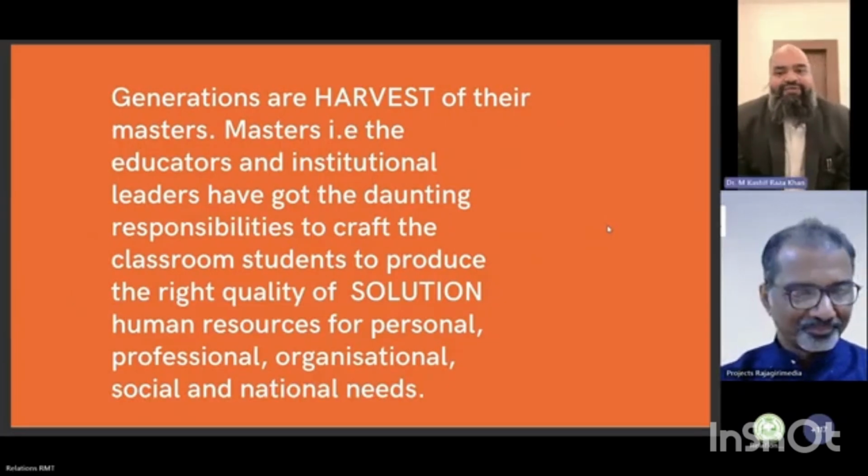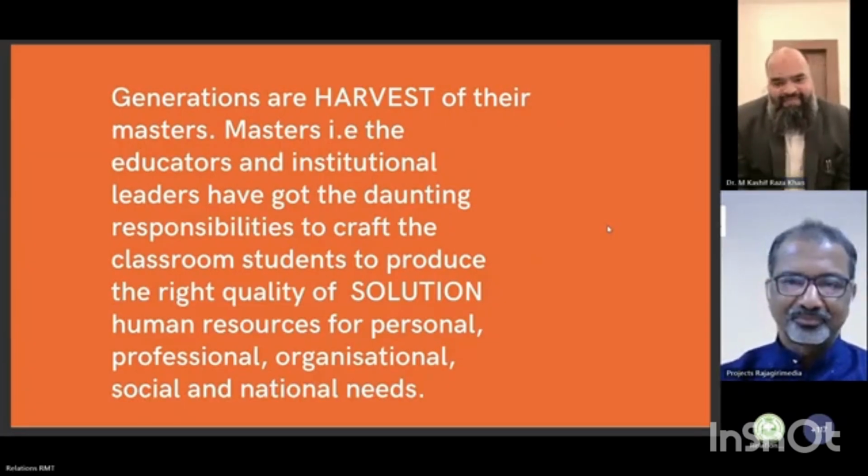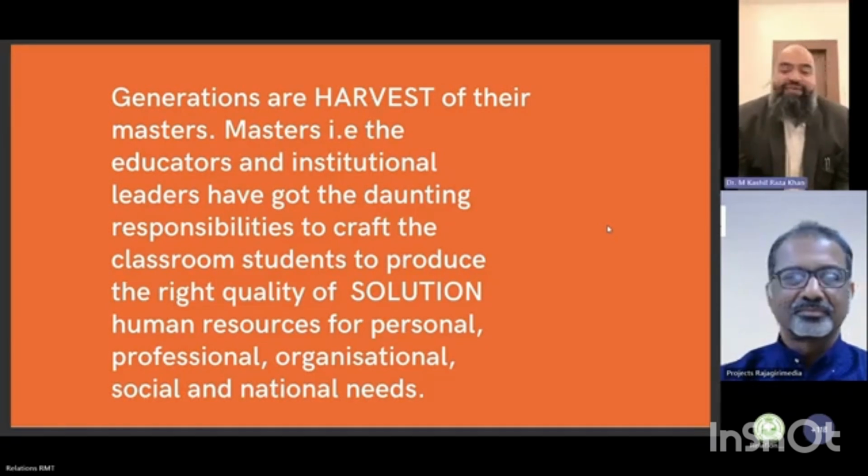Generations are the harvest of their masters, actually. If there was Dronacharya, then only there was Arjun. If there was Chanakya, then only there was Chandragupta Maurya.